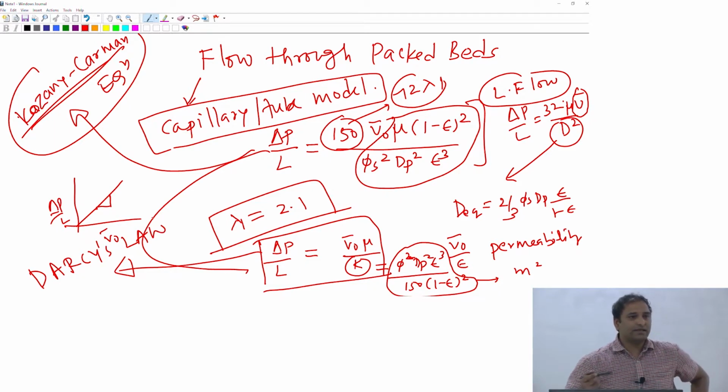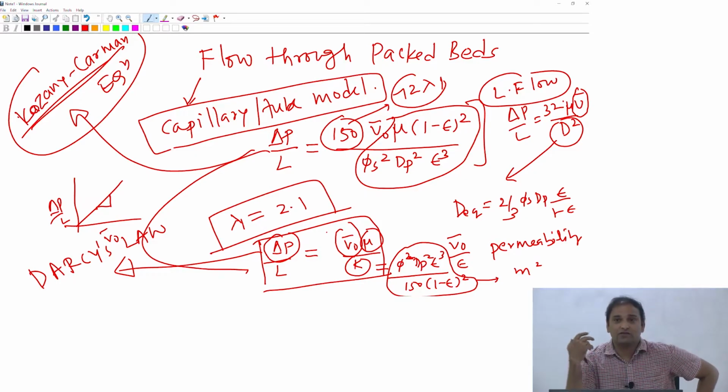which essentially states that the velocity with which a liquid is flowing through a porous media is proportional to delta p, which is the pressure drop, and inversely proportional to mu, which is the viscosity of the fluid. And if you look at other disciplines, especially civil engineering, you will always come across cases where people are looking at porous rocks, or flow through sand, for example.